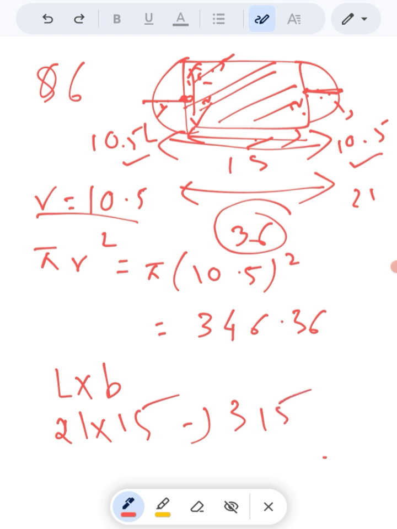So now as I need to find out the area of it, 315 plus 346.36, I will be adding this as well as this, area of a rectangle and area of a circle. So what do I get as my answer? 661.36, okay?